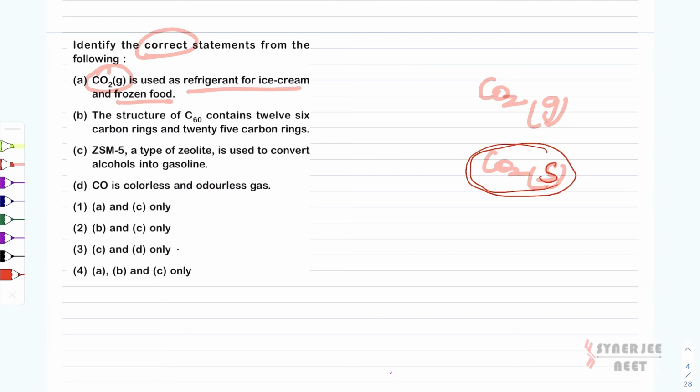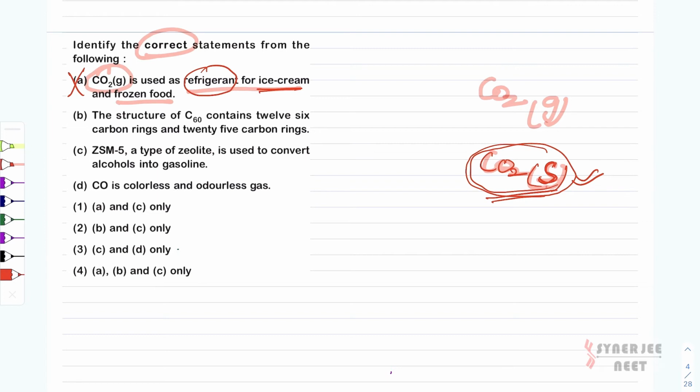I don't exactly remember the temperature, but it is a very low temperature, -60, -65, -72 degrees centigrade. It will be there in the solid state. Therefore, CO2 can be used as a refrigerant for cold items. So here gas is given, that's why it is a wrong statement. If solid CO2 is given, it is right.